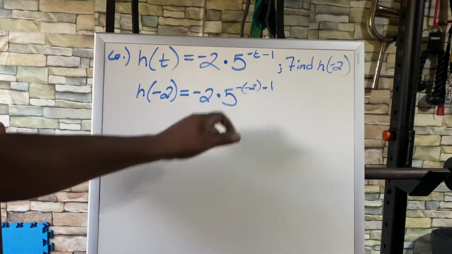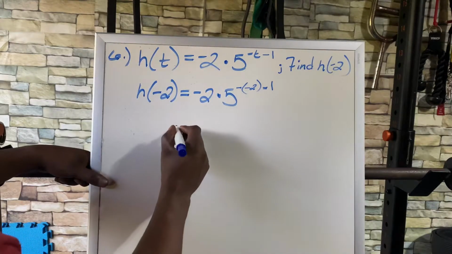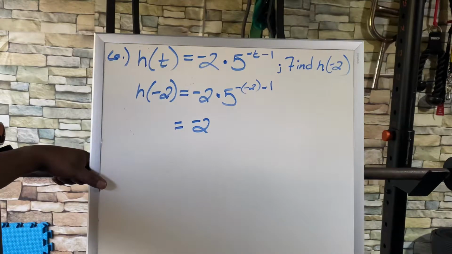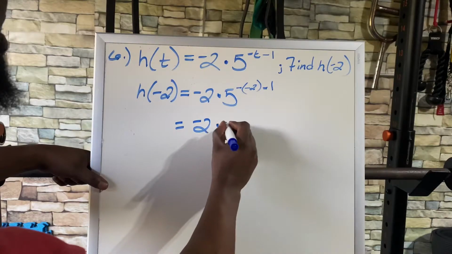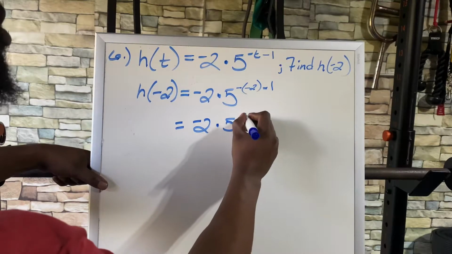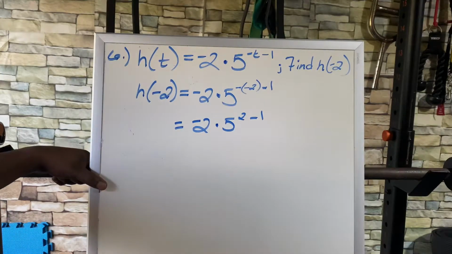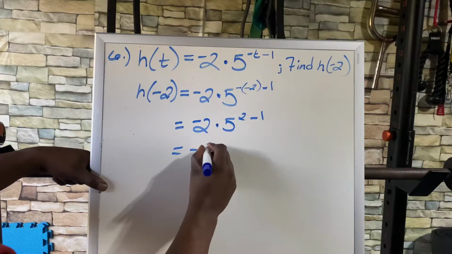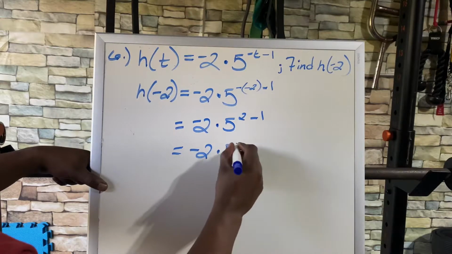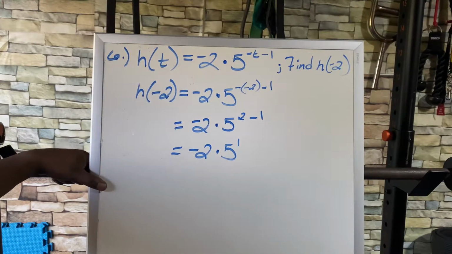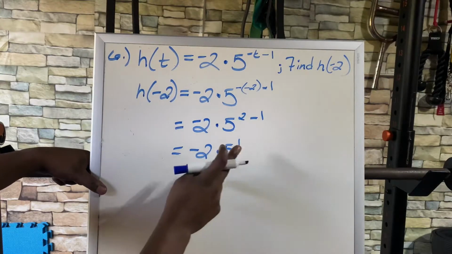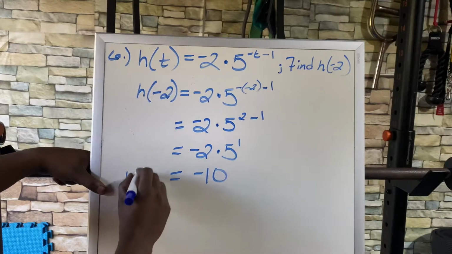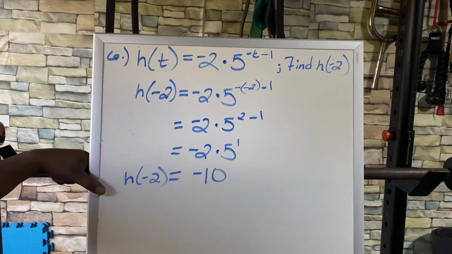So we have double negatives, which eventually end up positive. So we have negative 2 times 5 to the second minus 1. Negative 2 times 5 to the first, and 5 to the first is 5. Negative 2 times 5 is negative 10. So h of negative 2 equals negative 10.